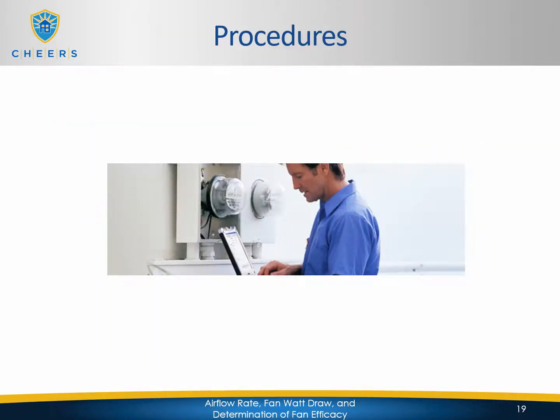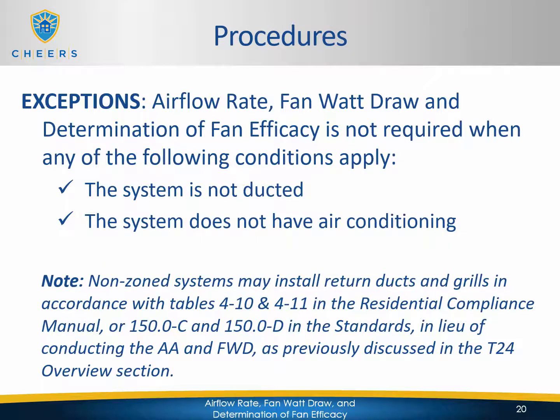So now let's talk about procedures and how we actually measure the airflow and the fan watt draw with the equipment that we just described. Before we start talking about the procedure, let's talk about the exceptions to this particular test. So the airflow rate, fan watt draw, and determination of fan efficacy is not required when any of the following conditions apply.